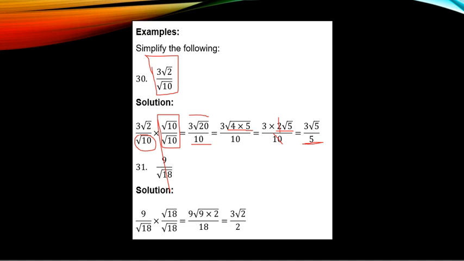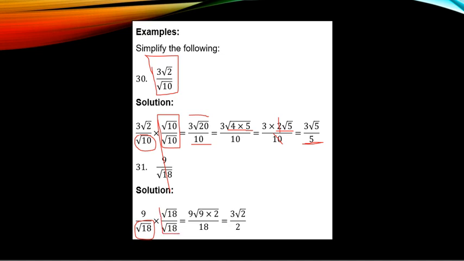Example 31, you have 9 over root 18. The same thing. You look at the denominator, the number there is root 18 that you must turn to a rational number. The only way out is to use root 18 to multiply both numerator and denominator in this form.